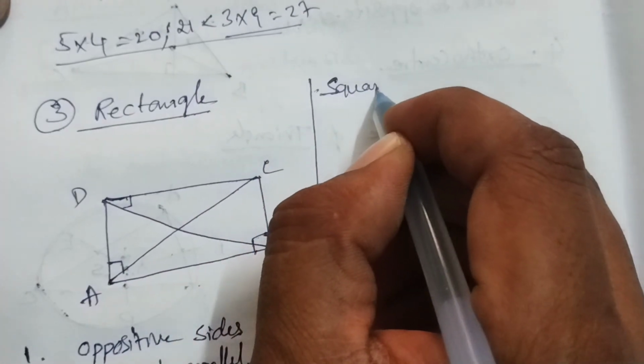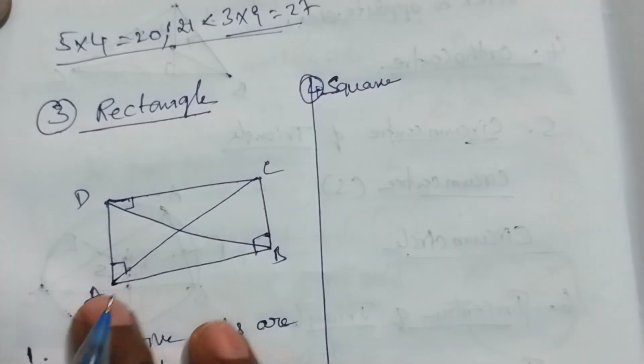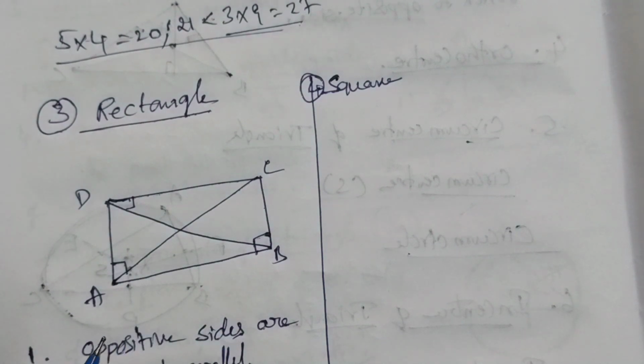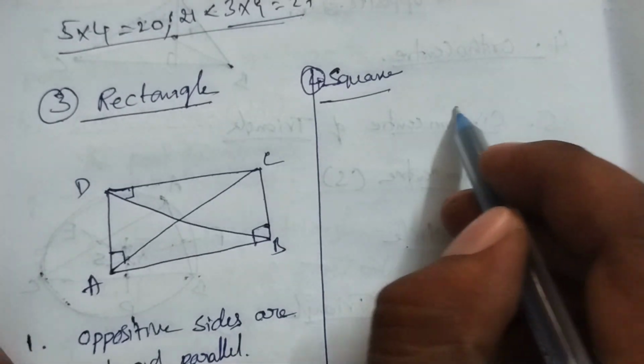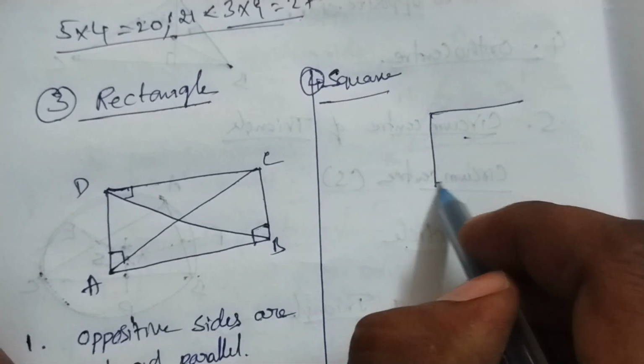Coming to the next, square. In a square, all sides are equal, we know that. First, all sides are equal.